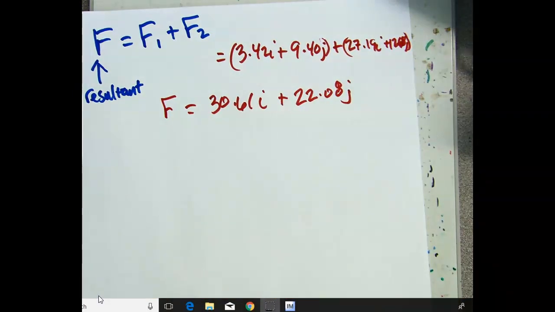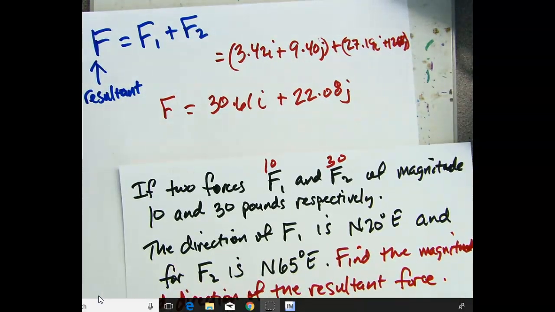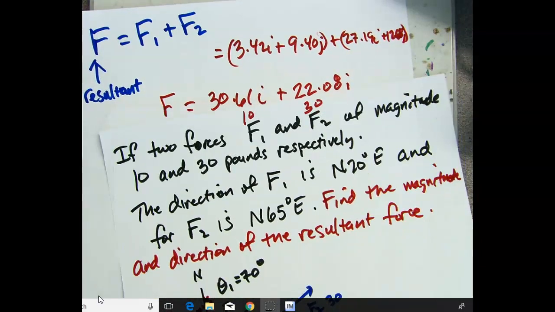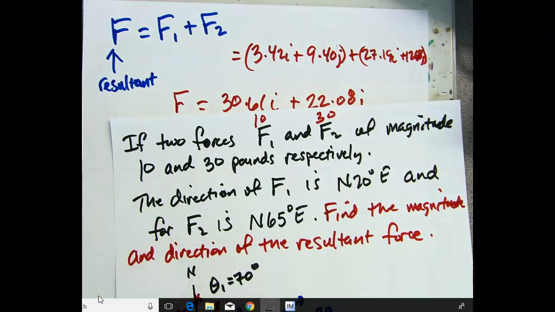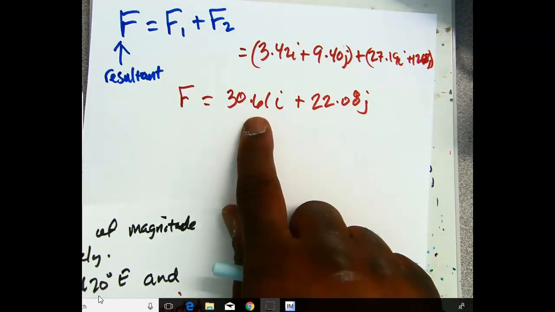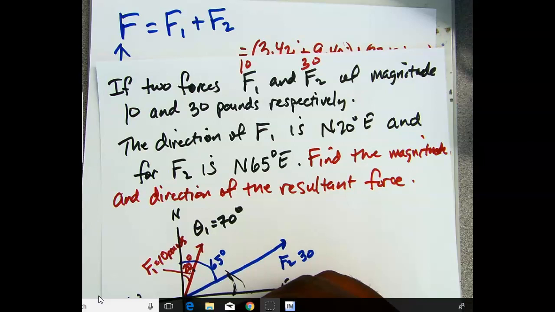And I believe what was asked is to find the direction. Express the magnitude to the nearest hundredth of a pound and the direction angle to the nearest tenth. So if we go back to our diagram, you have force 1, force 2. Now we have some resultant vector, where the x will be 30.61 and the y would be 22.08.